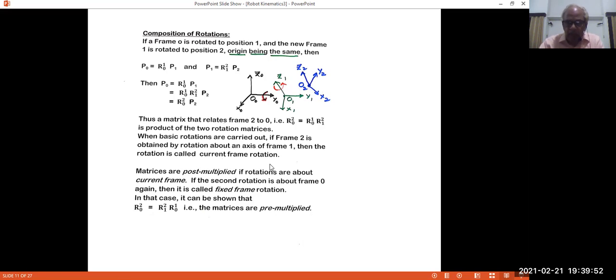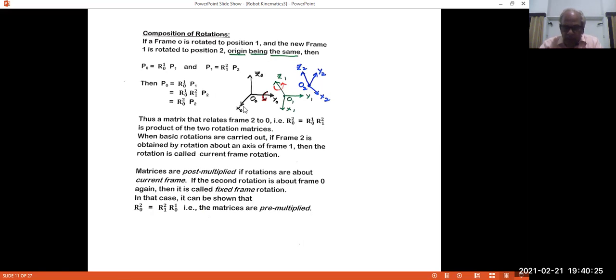If on the other hand the rotations were to be about a fixed axis, suppose this is the original axis, the first rotation was about, let us say, y, and it came to this position. For the next rotation I want to make about z, but not about the current z. I will make it about this original z, which is not parallel to any of these axes. Then the rotation that I make will have to pre-multiply.